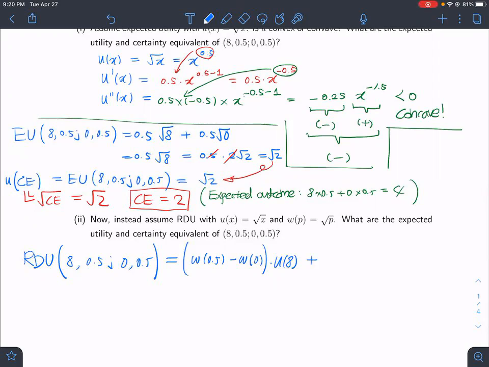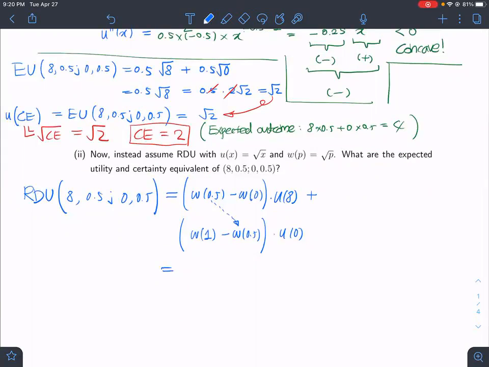Plus, now the next outcome is 0. The probability for 0 is weighted in this way. Everything is better than 0. So we have 100% here minus 0.5, which is just coming from the line above.